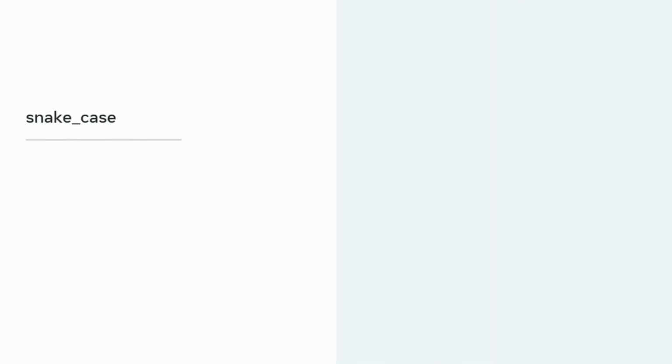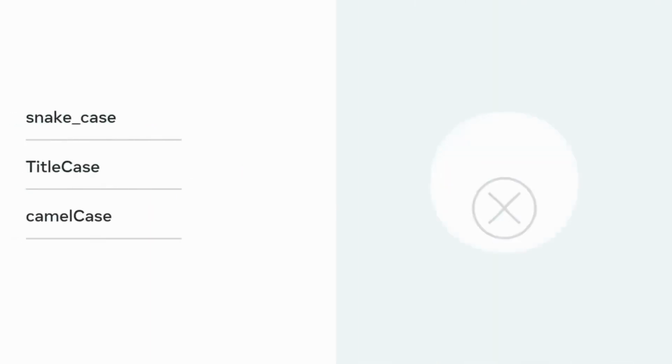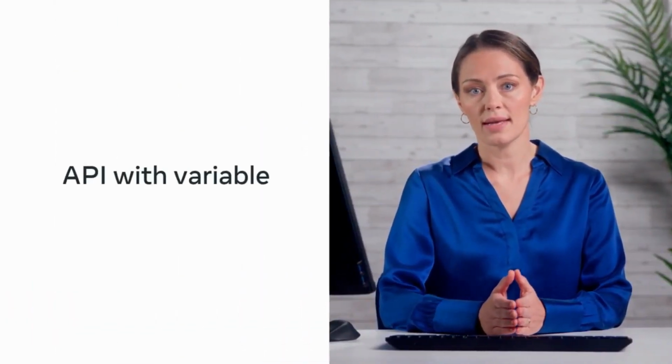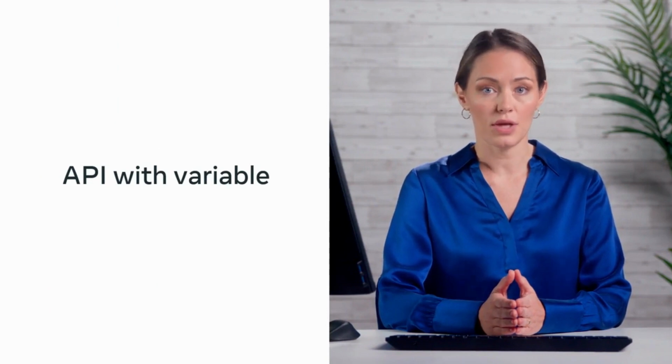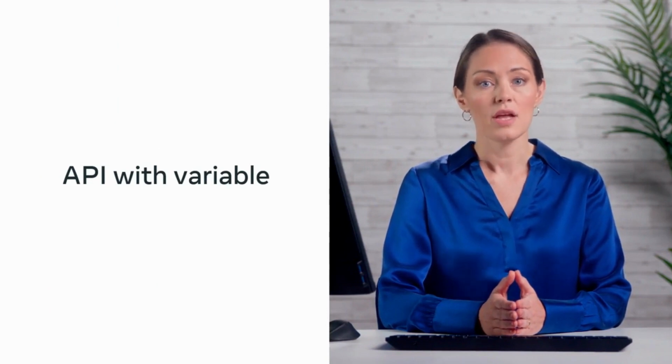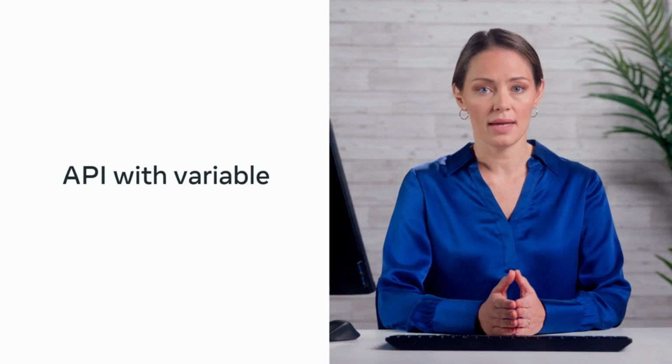Using underscores or snake case, title case, or camel case to separate words is not optimal because it makes the names difficult to read and understand. There is an exception to the camel case rule, though. If your API accepts a variable, for example a user ID or order ID, you should always represent them in camel case and wrap them in curly braces.